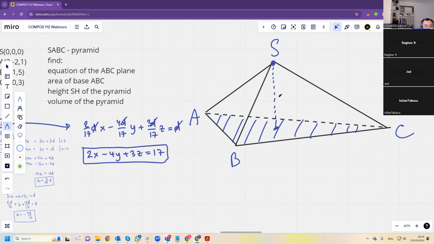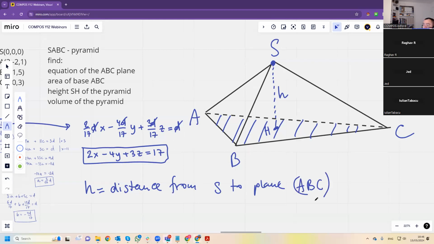And if you remember, height is the distance from S to plane ABC. And there's like an equation in the assignment. There was an equation that you can use. I honestly forgot the equation. Just let me pick that up. I think it's just, yeah, you just sub the point into the equation, find the modulus.